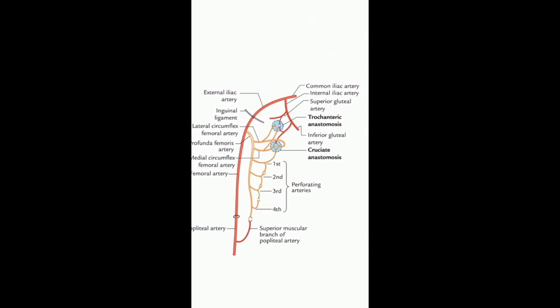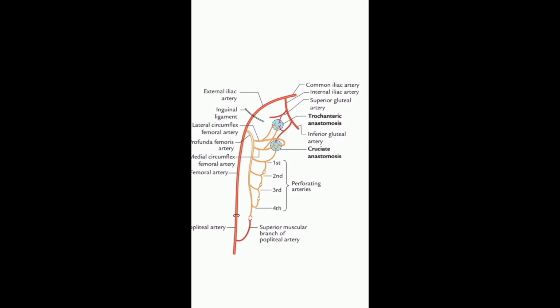So again, the descending branch of the inferior gluteal, the ascending branch of the first perforating artery, and then the two transverse branches of the medial and lateral circumflex arteries. So here is another picture, a simpler demonstration.